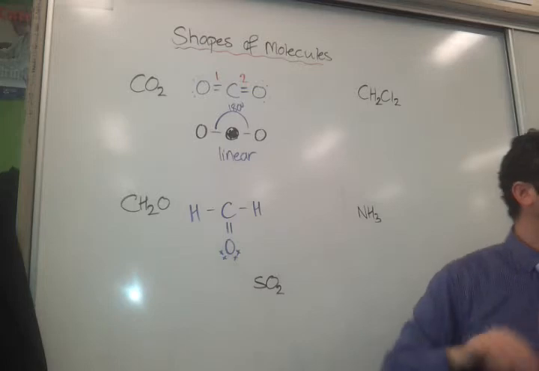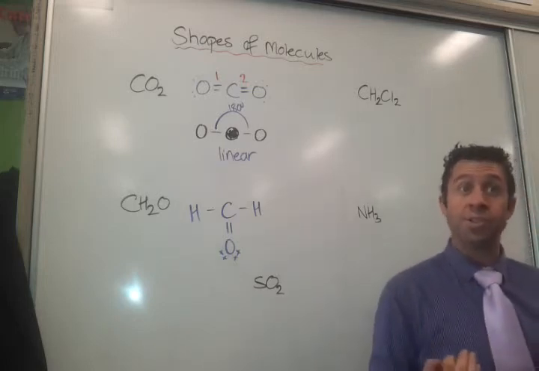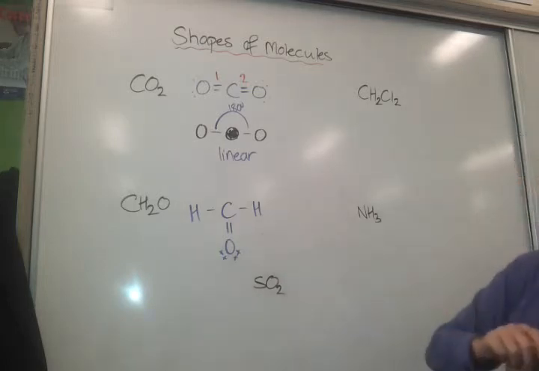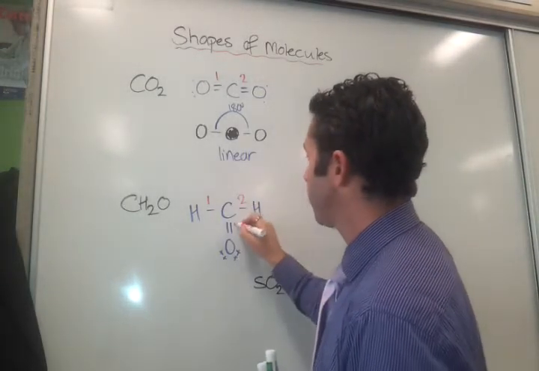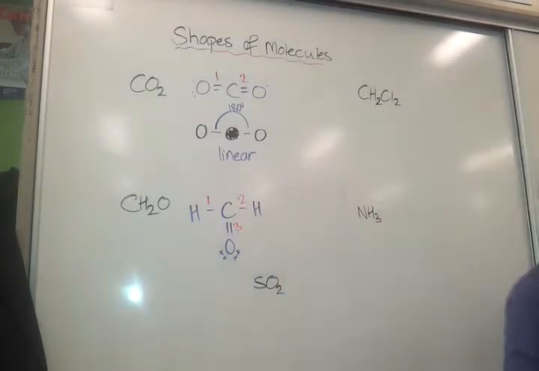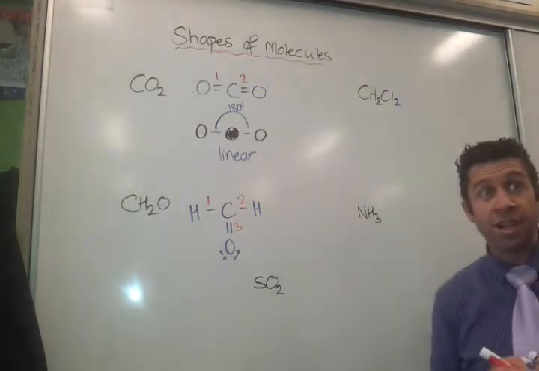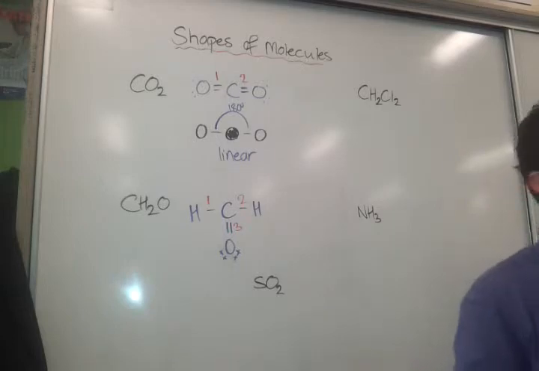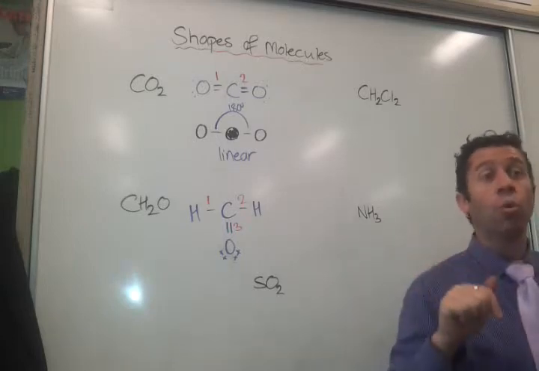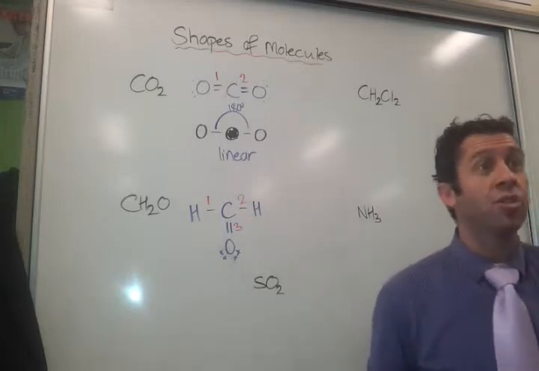Remember each line is 2 electrons, because you need 2 electrons to make a chemical bond. So I look here and I've got 1, 2, 3 regions of electron density. Now again, the easiest way to get 3 regions as far away from each other as possible is to lie them on a plane and put them at the apices, or the corners, of an equilateral triangle.